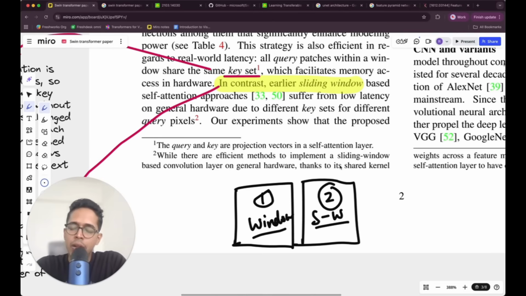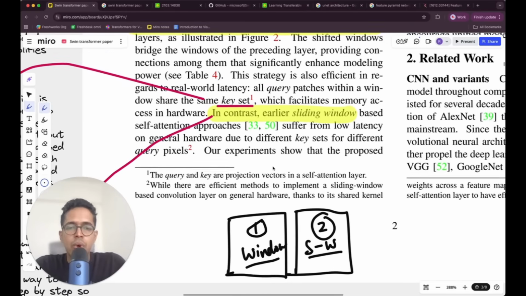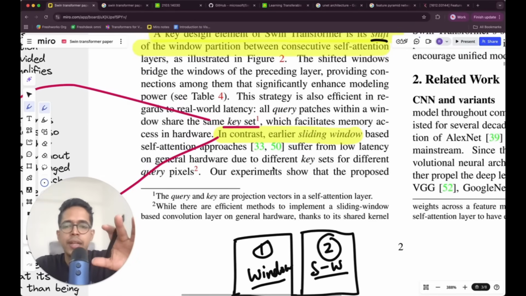Attention score will be calculated between them, because that's what local attention does within one window. So although there is no global attention calculation, just by shifting, you can enable cross interaction between patches that belonged to different windows in the first block, but by the time they reach the second block, they may belong to the same window. We'll see this.